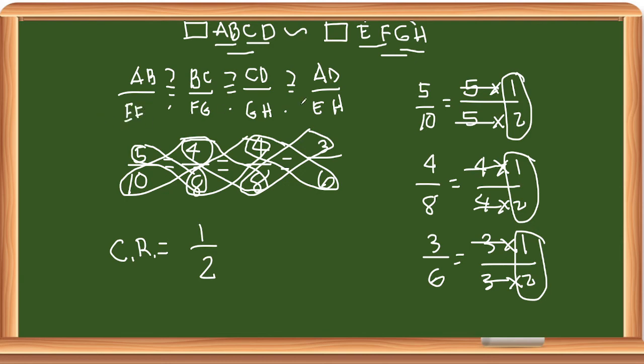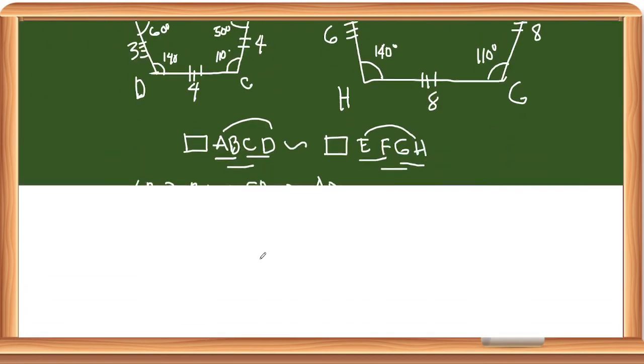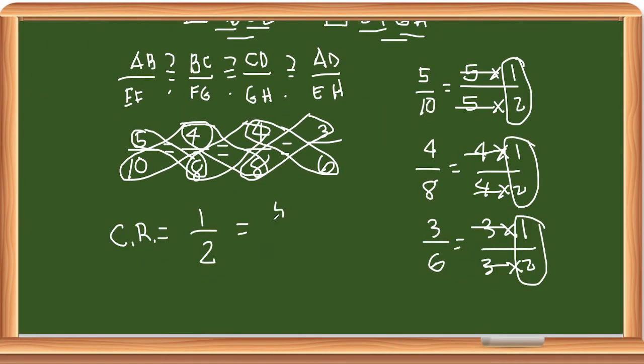Since you already know that the common ratio is 1 half, you just set it equal. Since AB is given, AB is equal to 5. And EF is what we are looking for. Let's say we don't know EF yet. We're looking for the missing parts, if it is given that they are similar.